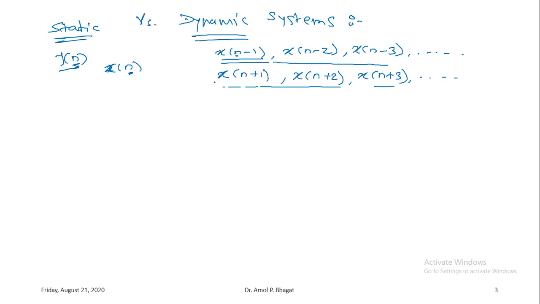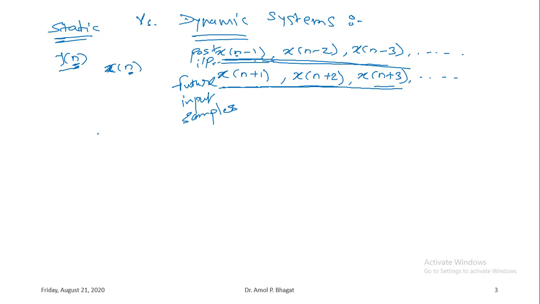Small n can be positive or negative; likewise x of n minus 1 is again considered a past input sample, and these are the future input samples.